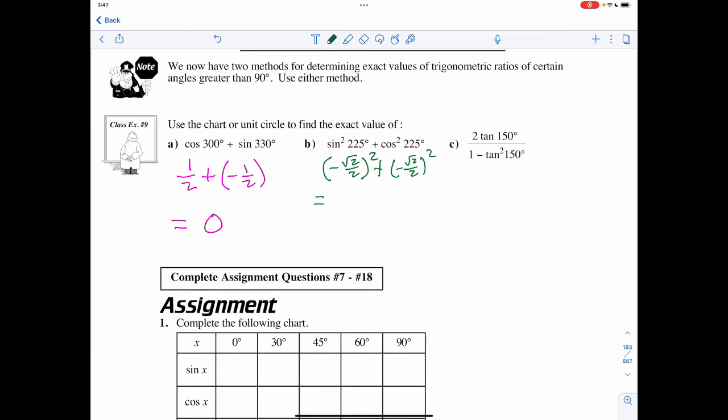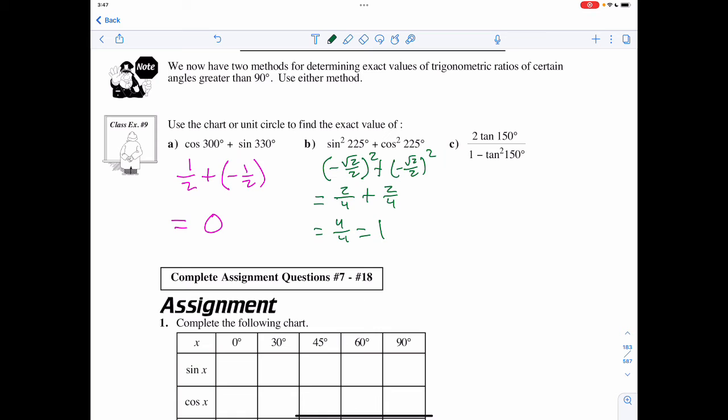And this is going to give me, when I square the first one, root 2 squared is 2, 2 squared is 4, and when I square it, it should eliminate that negative. I'm doing the exact same process to the next one, which would also be 2 over 4. This is going to give me 4 over 4, or just 1.